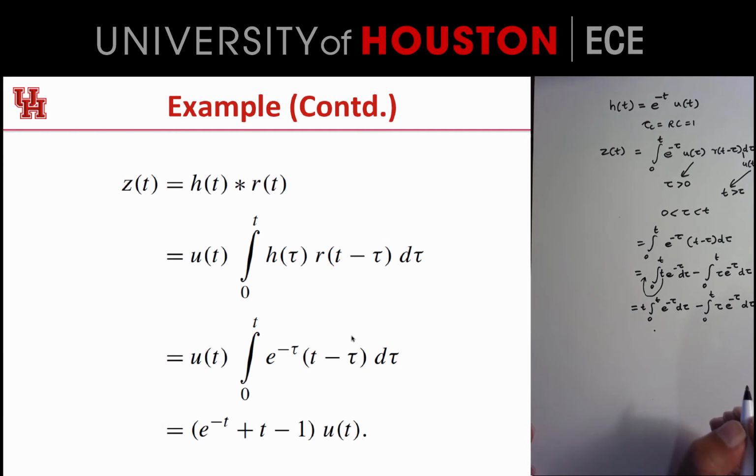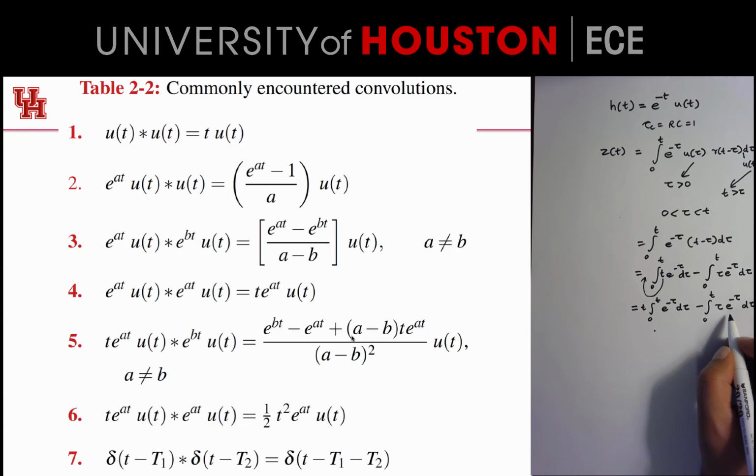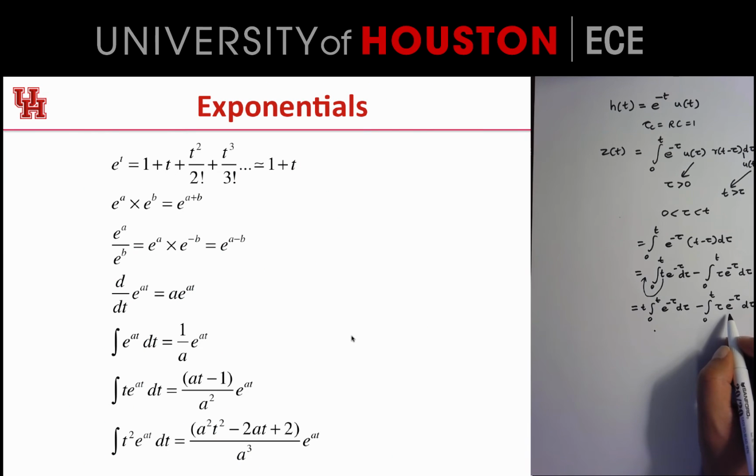I'll let you work through these two integrals. Now this is the product of two functions. You can choose to do the integration by parts, or if you're in a hurry, you can look up the table of integrals in the back of the textbook.